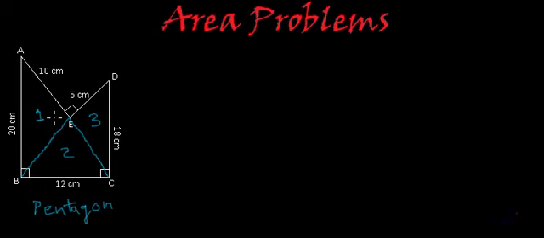But how to find the area of these 3 triangles? Yes, we have our bases in place, but we have to find the heights, right? We have to find the length of all these. And then we can find the area.